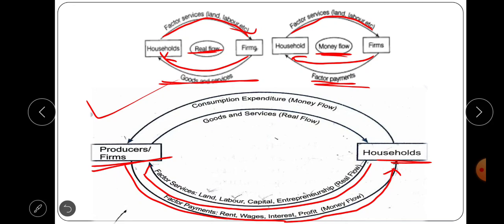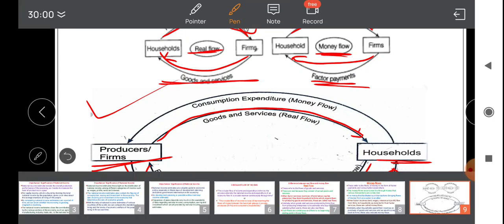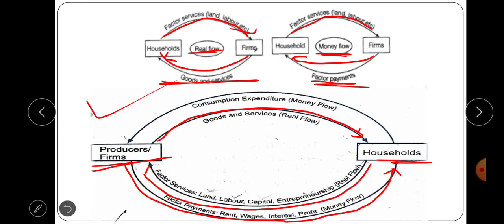Okay, then when the goods and services are transferred from the firms to the households in the form of real flow, at that time these households make some expenditure or payments in exchange for these goods and services to the firms, that is the money flow.